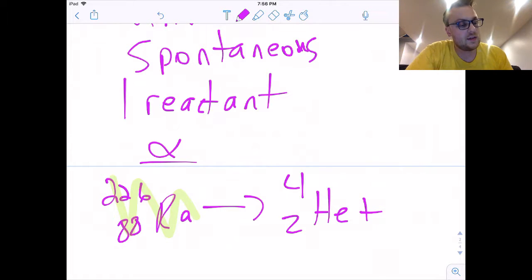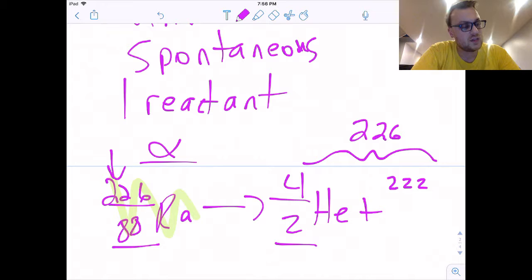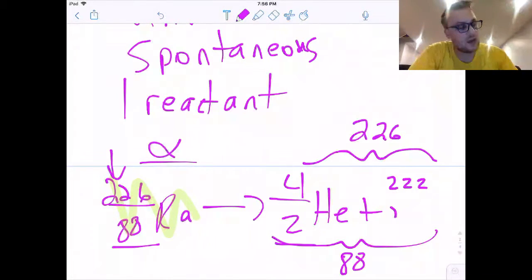And you need now to balance the charges and the mass. So if this side is 226, everything on this side must also add up to 226. So 4 plus 222 is 226. Since this side's 88, everything over here must also add up to 88. So 86 plus 2 is 88.